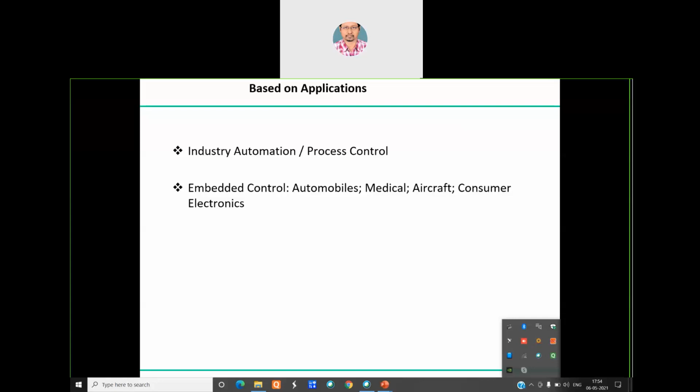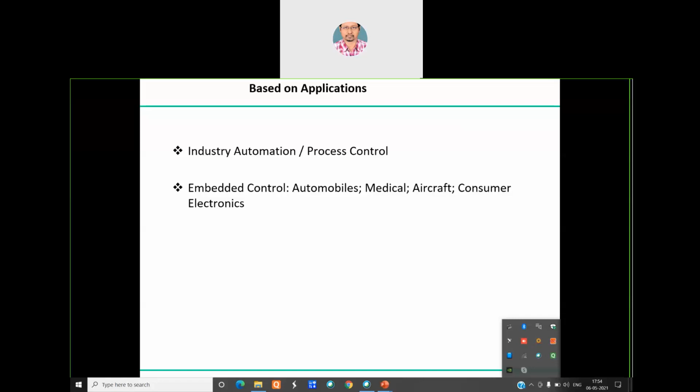Embedded control means that the control mechanism is embedded into the device itself. For example, you are using a smartphone or a smartwatch. A certain kind of control mechanism or automation is done within that particular device itself. That is embedded into the device, that's why it is called embedded.